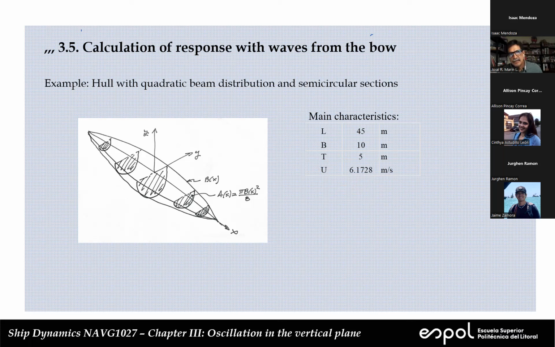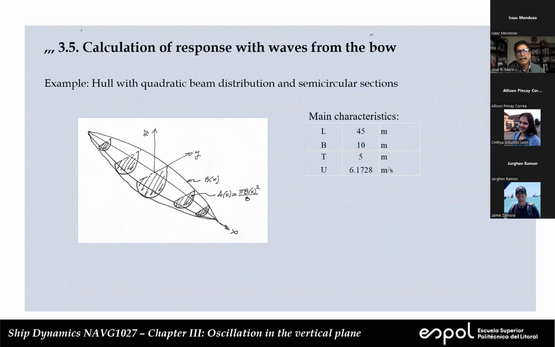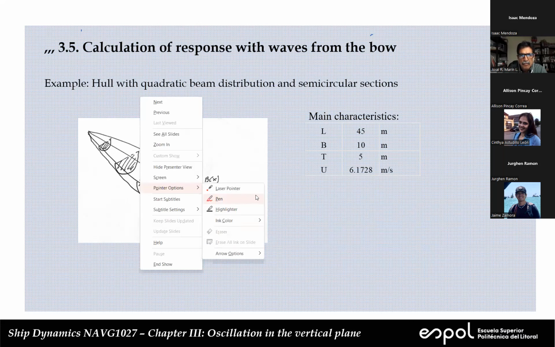Now, after we have this, we can integrate and we can obtain hull characteristics, okay? Now, let me go back. I didn't mention, but it's floating with no trim, okay? So let me put it here.